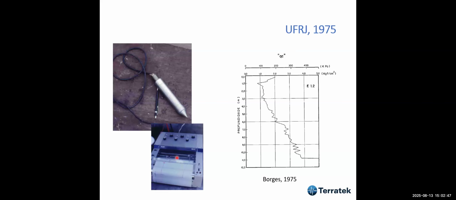The data were all analog. Later on, I worked with Fugro in the 80s. In Europe, I worked in Britain at that time. They still used this kind of digital analog device.